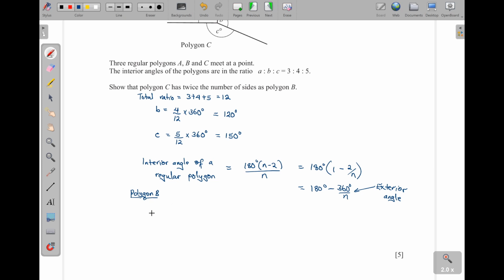Now for polygon B, the interior angle we have gotten as 120. So I will have 120 degrees, which is equivalent to 180 minus 360 over n. Remember, we are looking for the number of sides. I can take this one this side, and then I have 360 degrees over n, which is equal to 180 minus 120.